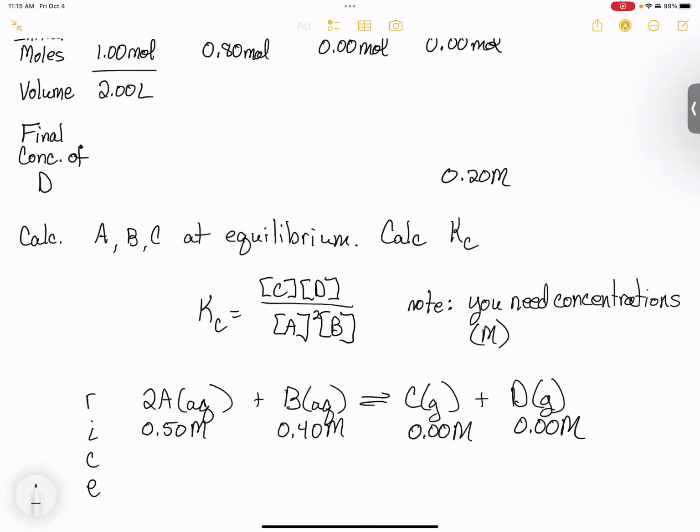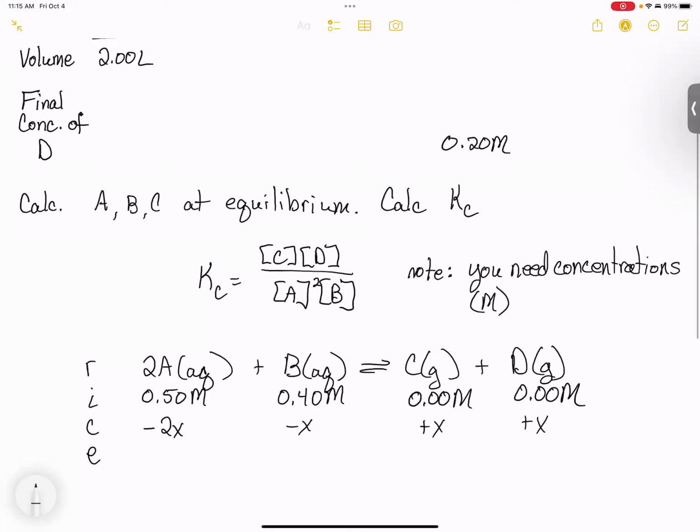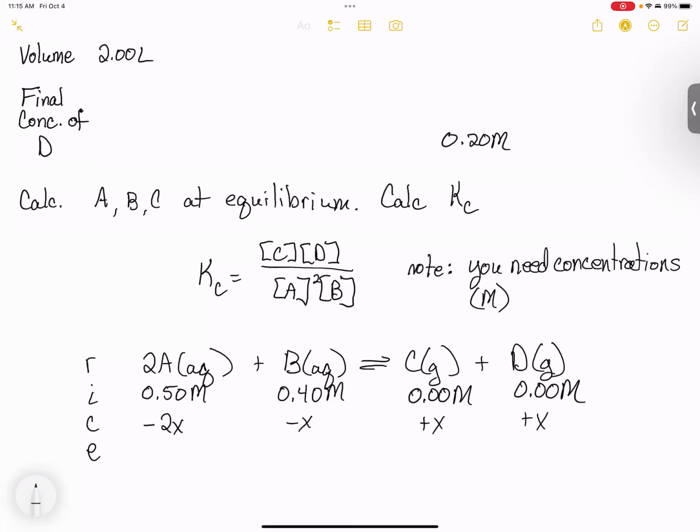The change that occurs, according to this balanced reaction, we're going to lose 2x of reactant A. We're going to lose x of reactant B. We're going to make x of C, and we're going to make x of D. Now, according to our background, the final concentration of D was 0.20 molar.